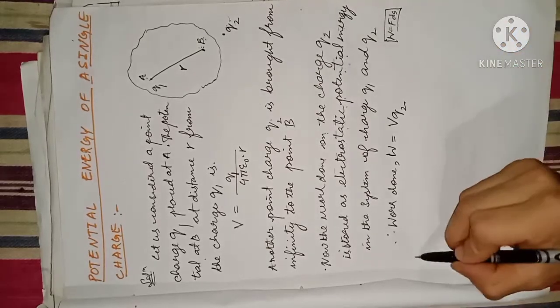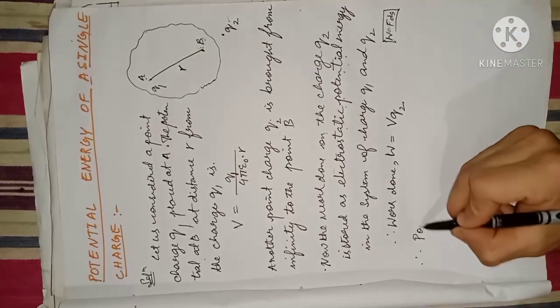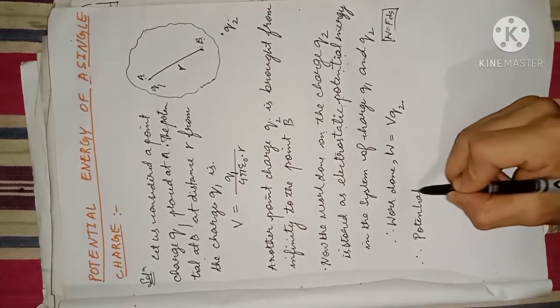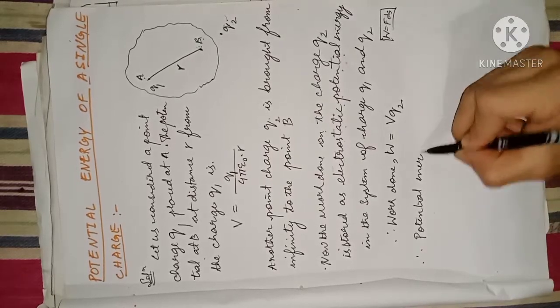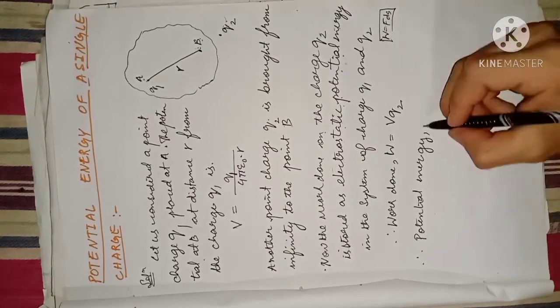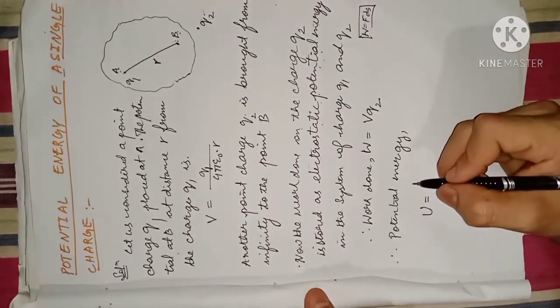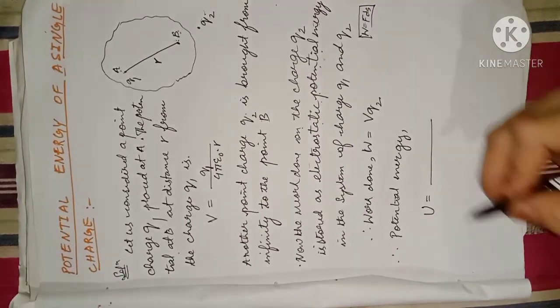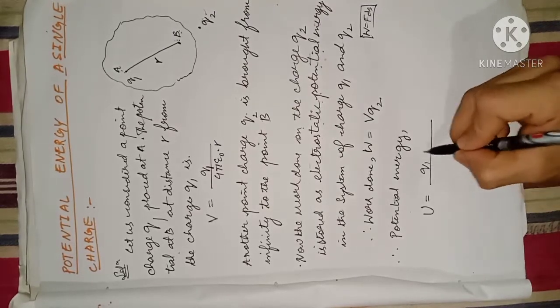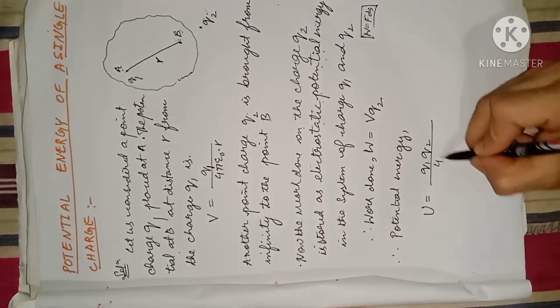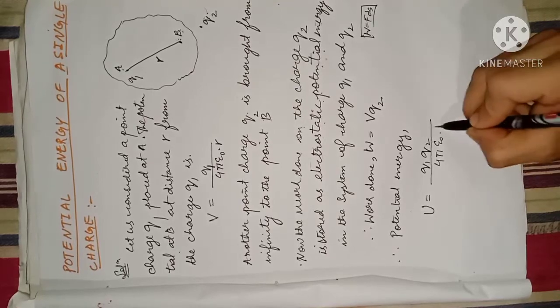So therefore potential energy U can be written as q1 into q2 by 4 pi epsilon naught into r.